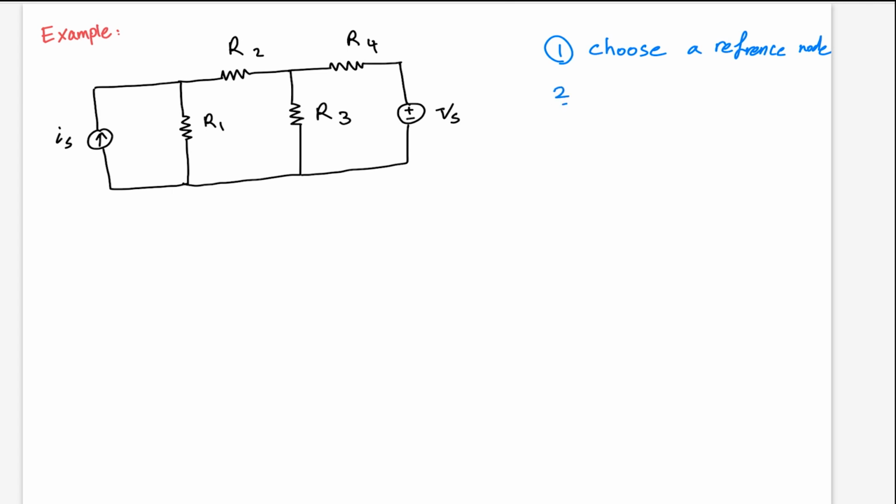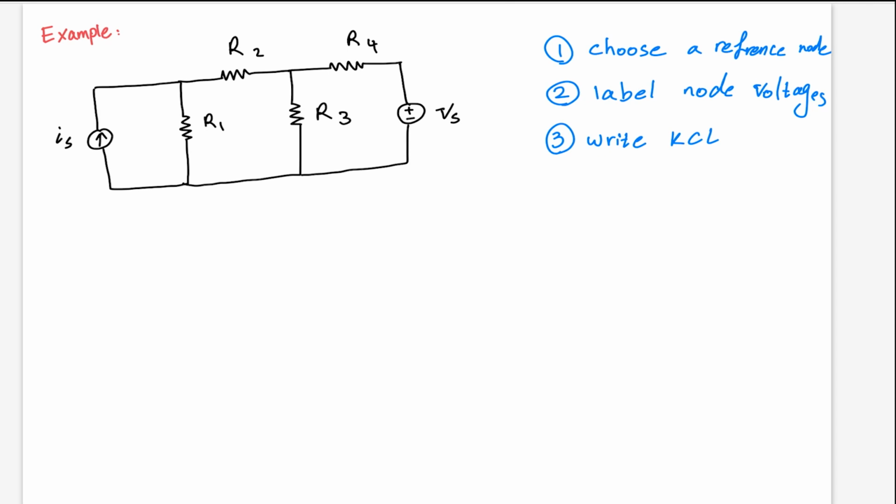The second step is to label node voltages. And the last step is to write KCL, or Kirchhoff's current law.